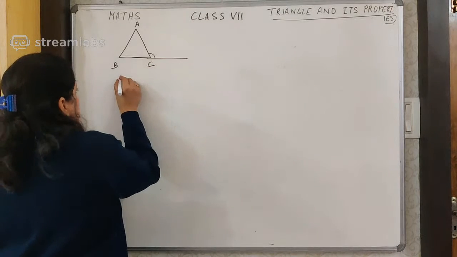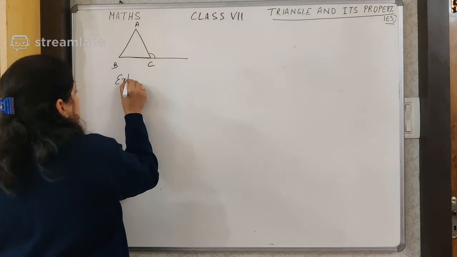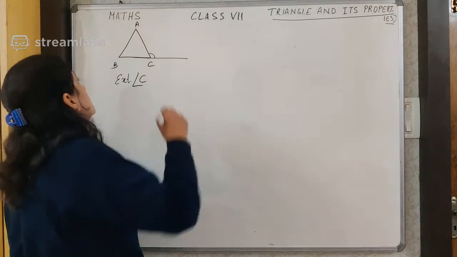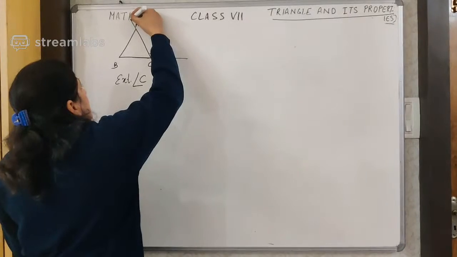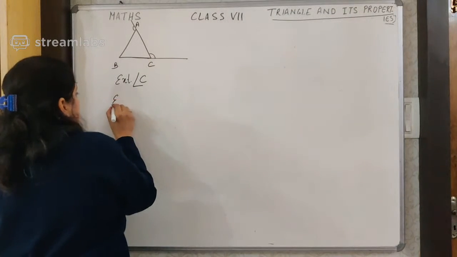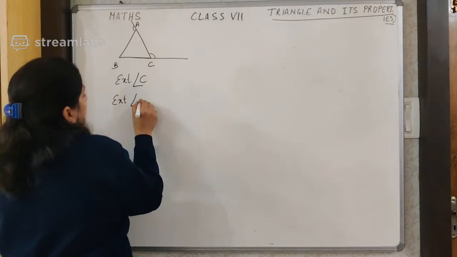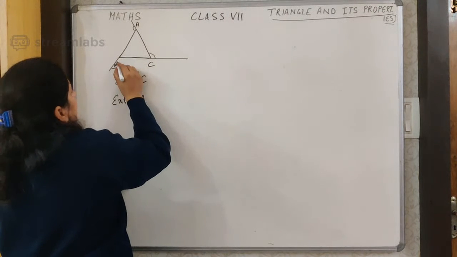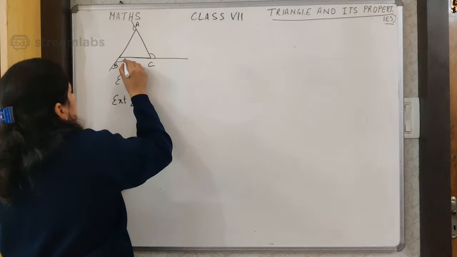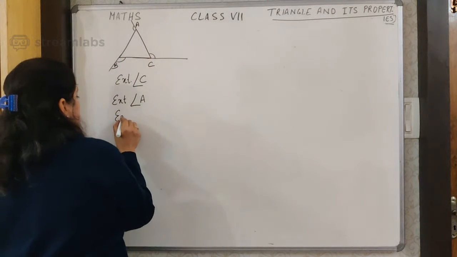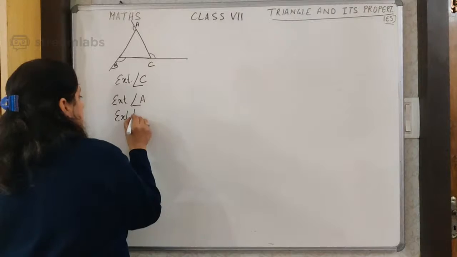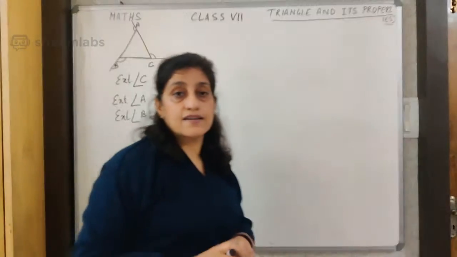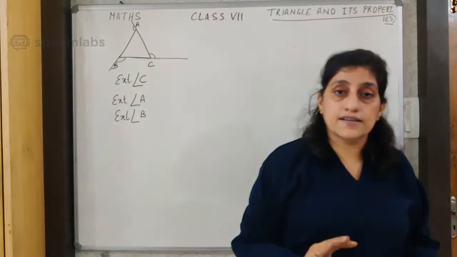So this will be written as exterior angle C. Similarly, if I produce this side, this will become exterior angle A. And if I produce this side, the angle between the produced side and the side of the triangle becomes exterior angle B. So any triangle will have three exterior angles.